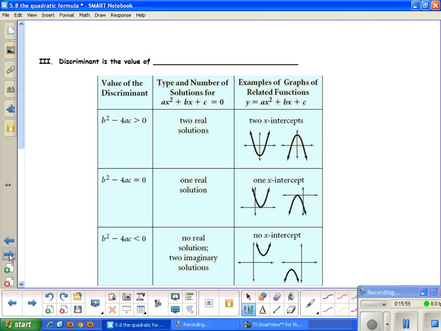On the back side, so you hear me talking about this discriminant value. So the discriminant is what's underneath the radical. So it's the b squared minus 4ac part. That is what the discriminant is.